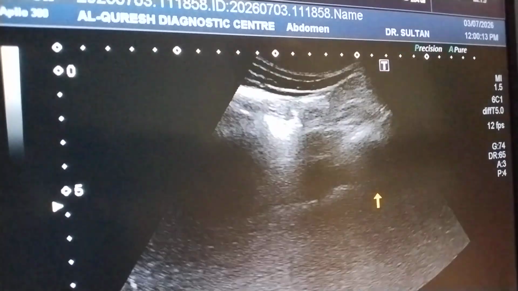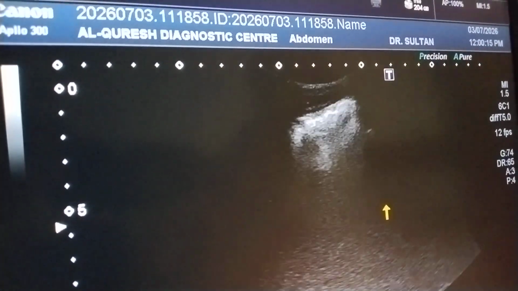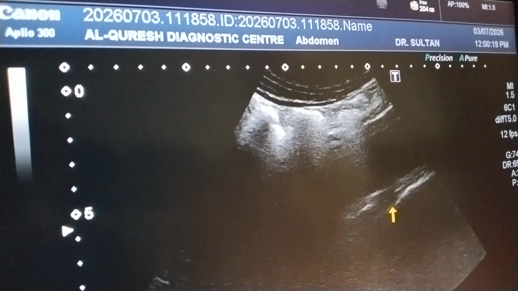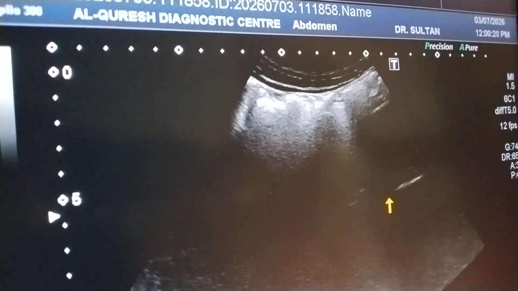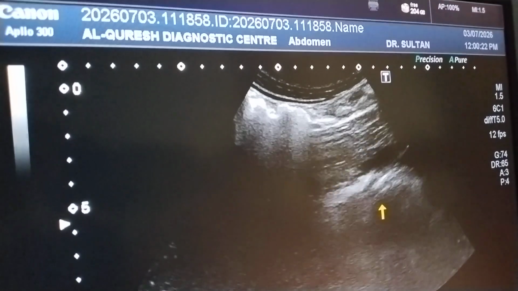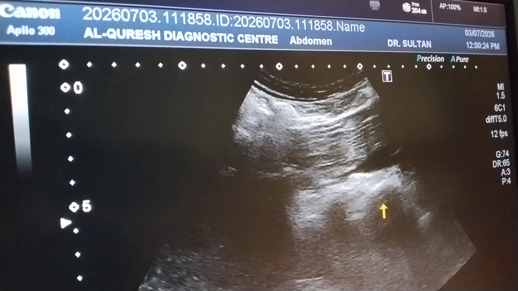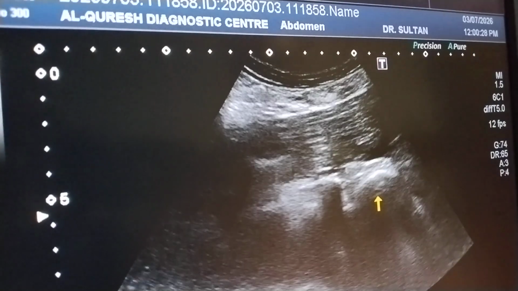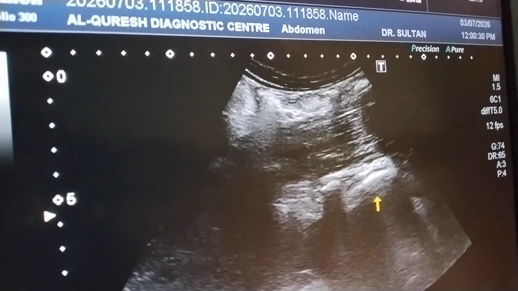Here we will come across bowel gases, which are abundant here. First the probe should be in the longitudinal direction, making a 90 degree angle with the floor, and then we can appreciate the psoas major muscle.